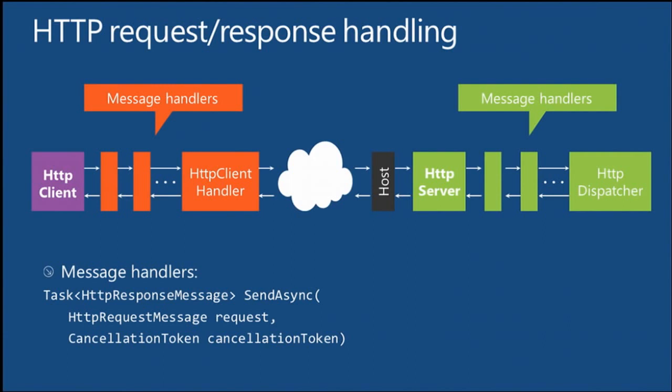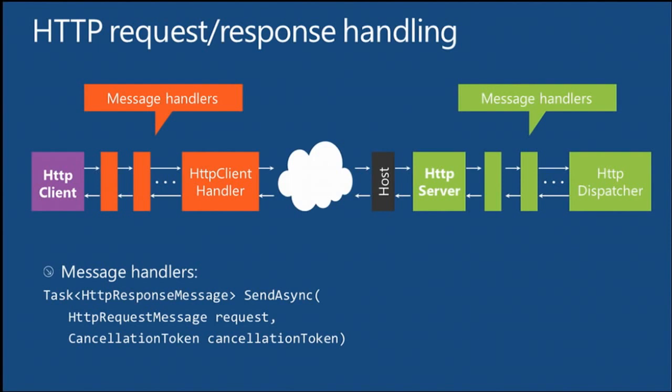You can see the message handler abstraction at the bottom there. It's really simple. It has a Send method, and you give it the HTTP request message, and it returns an HTTP response message. It's async, so it returns Task of HttpResponseMessage. You can cancel, and you can return right away. It's a pretty flexible and scalable HTTP pipeline model.